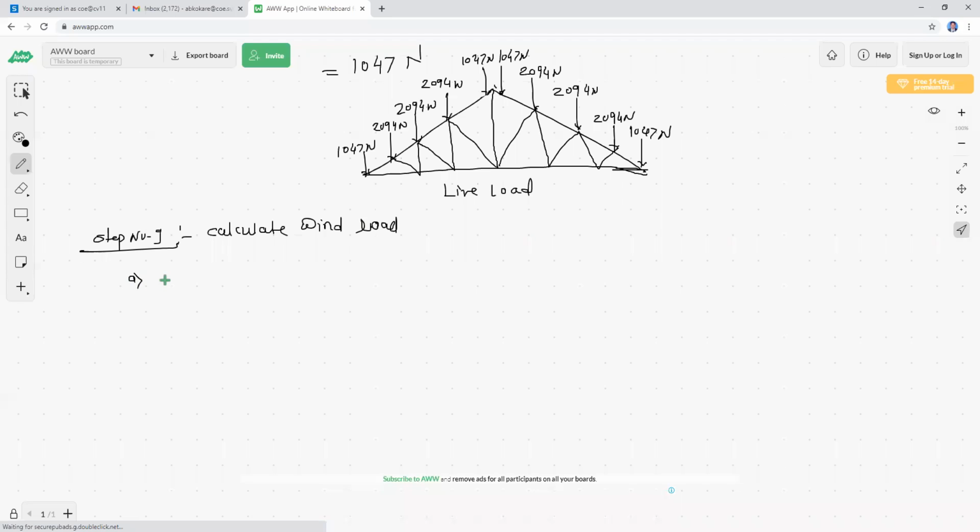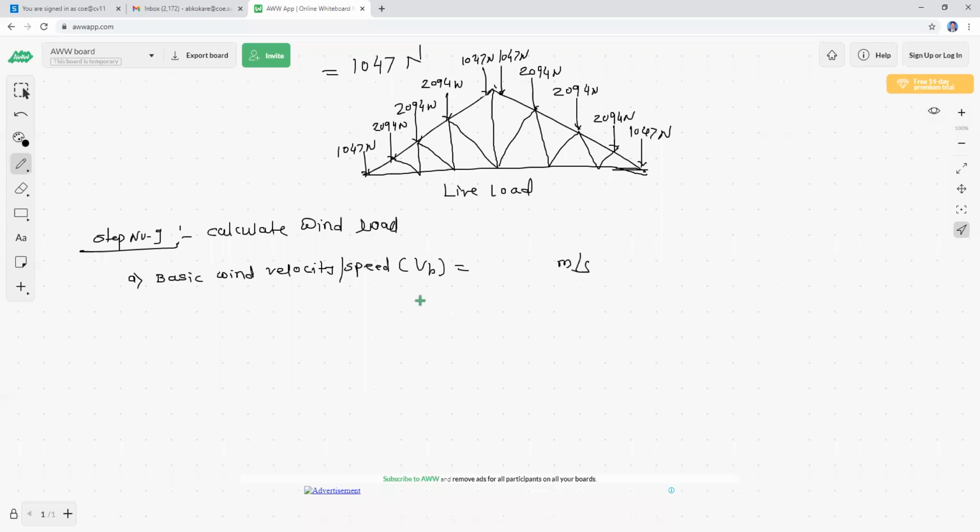So first we have to calculate basic wind velocity, or we can say basic wind speed in meter per second. Okay, so now how to calculate this basic wind velocity, that is VB, in meter per second.